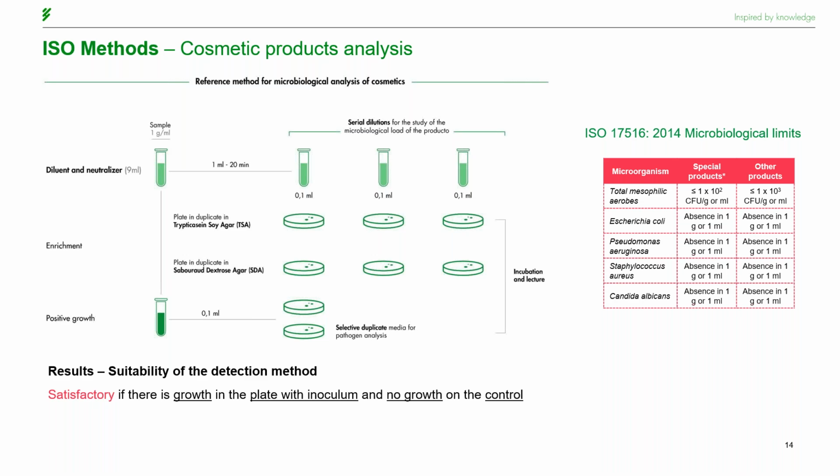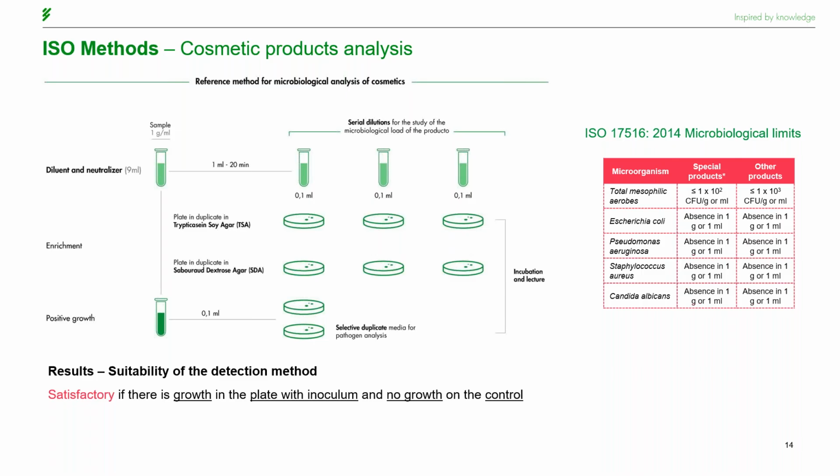Are you contemplating alternative methods in cosmetic analysis? Currently there are no third-party accredited methods, but there are chromogenic media to have a rapid identification. Here at Condalab, we have been developing specific media for cosmetics for quite a few years.